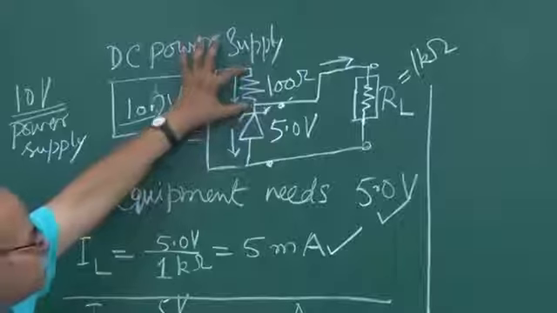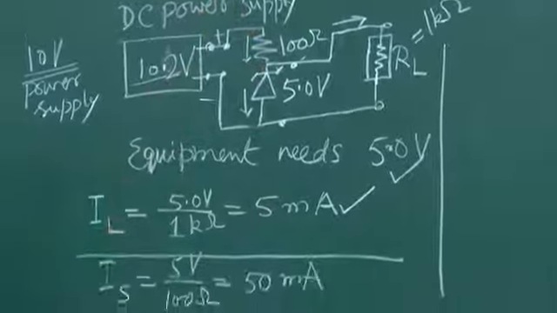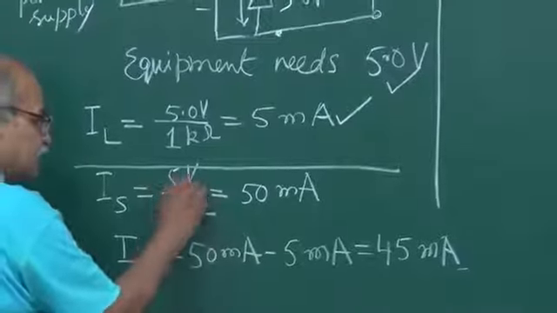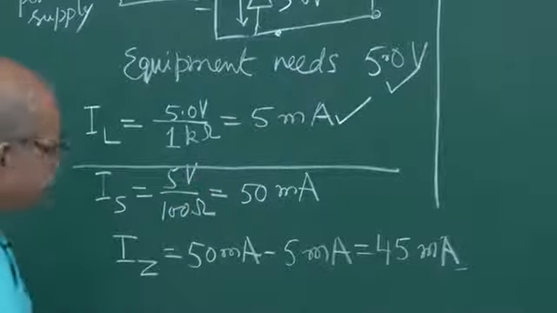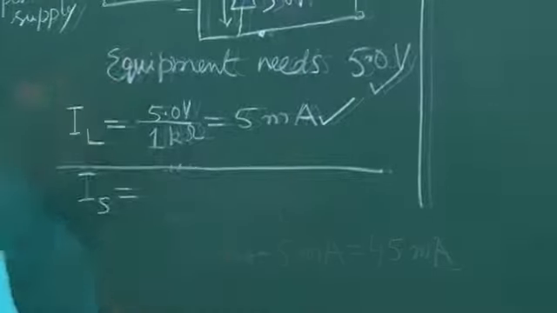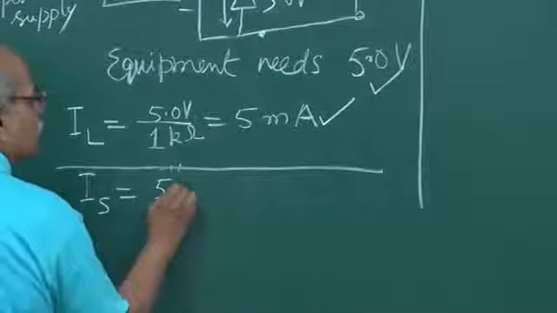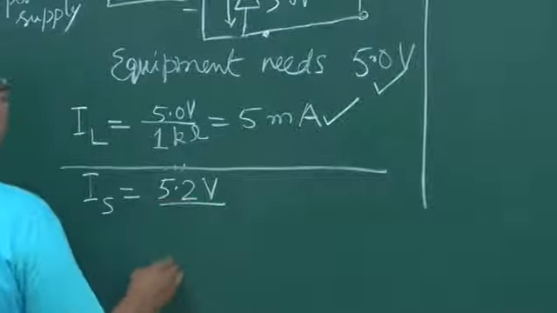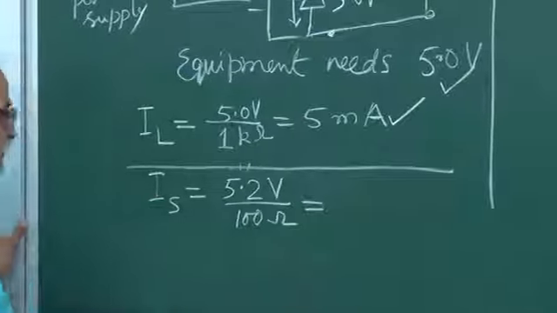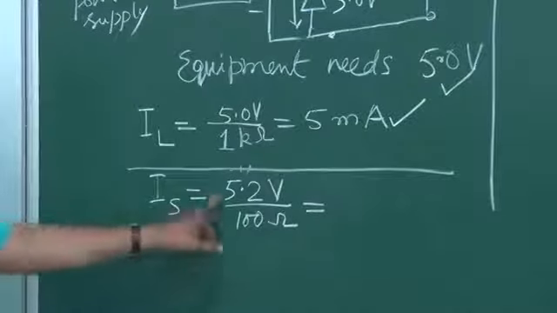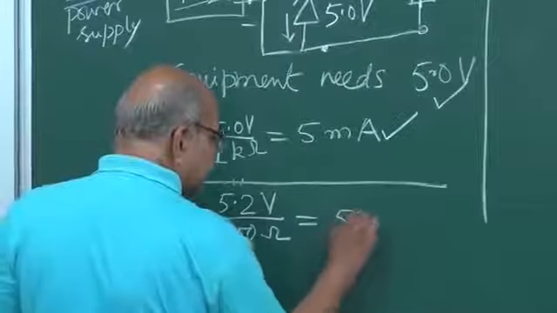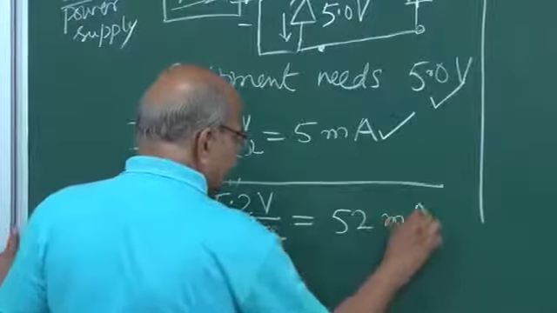And if this is 5.2, then the current IS is not 5 volt divided by this. It is 5.2 volt divided by 100 ohms. So it is 0.052 amperes, that is 52 milliamperes.